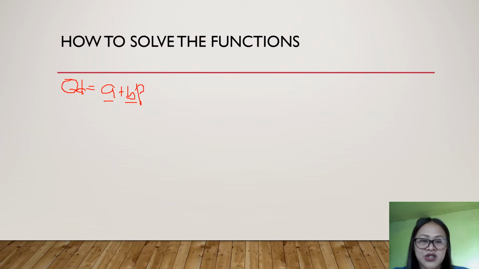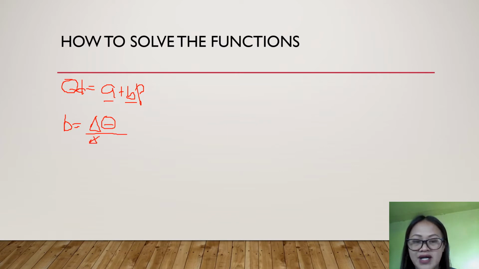Okay? So how are you going to solve for the B function, or what we call the slope of the line? The B here, it was also indicated on your notes that it is the change in the quantity divided by the change in your price. Right? Now, when we are referring to the change itself, we must have two variables again.